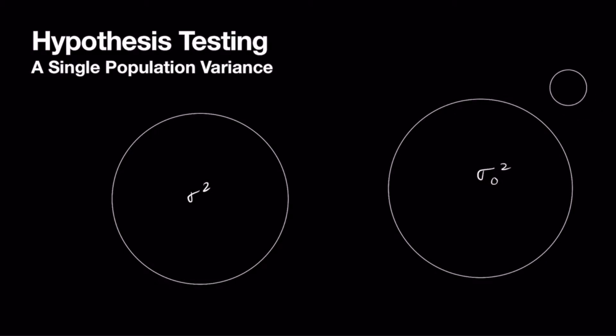We know that the sample variance is S square. We are saying that this sample variance S square belongs to a population of variance sigma naught square. And what we want to know is, are sigma square and sigma naught square the variance of the same population?